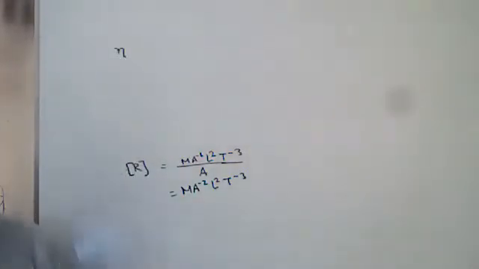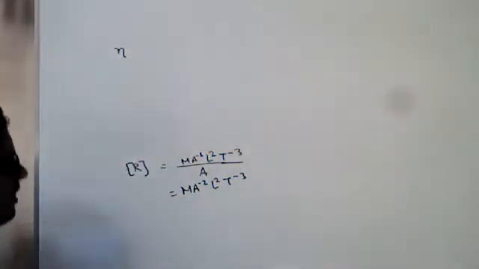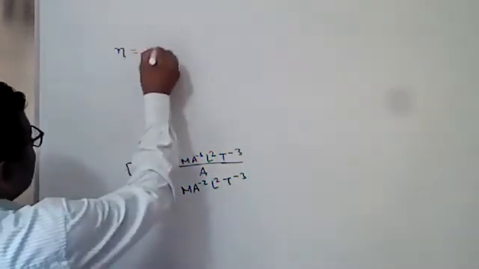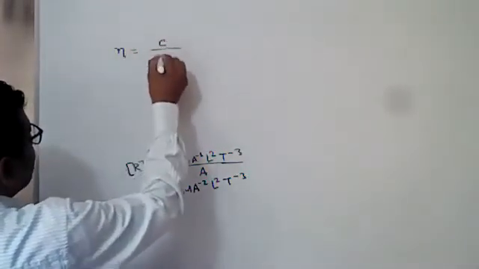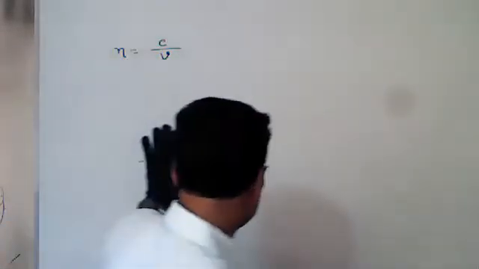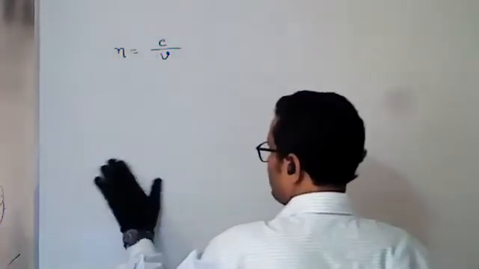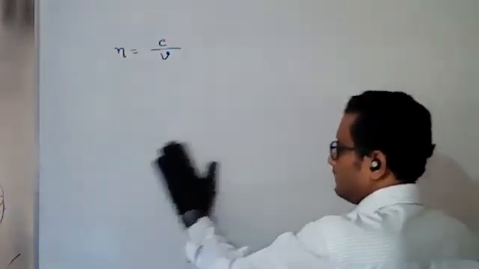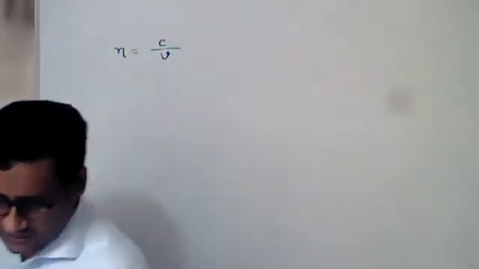Eta is the ratio of the velocity of light in vacuum and the velocity of light in any other medium. This is called the refractive index.